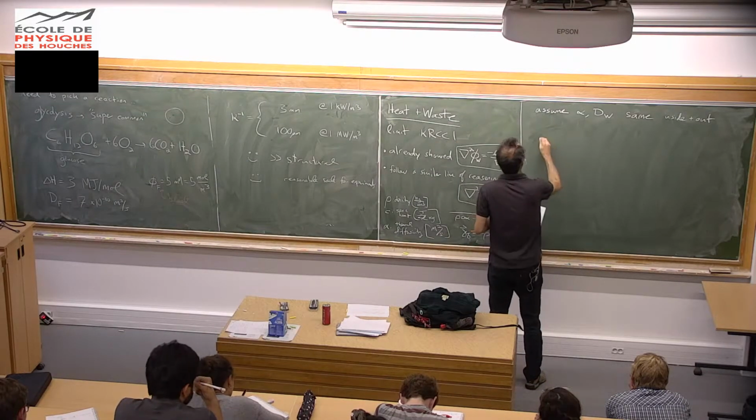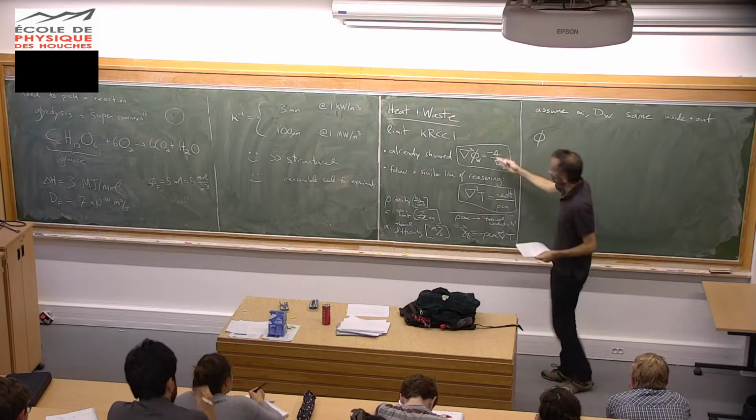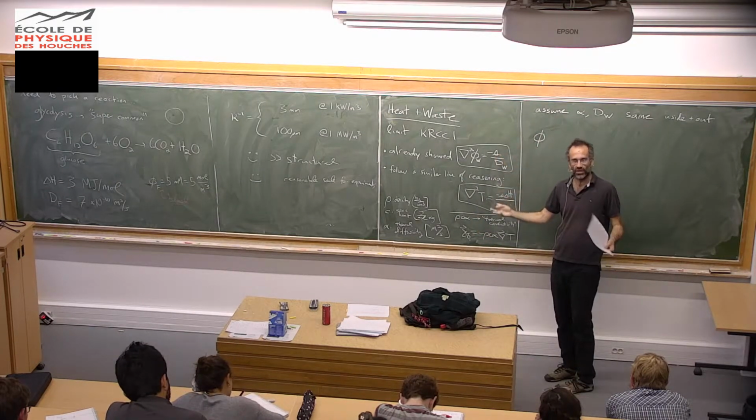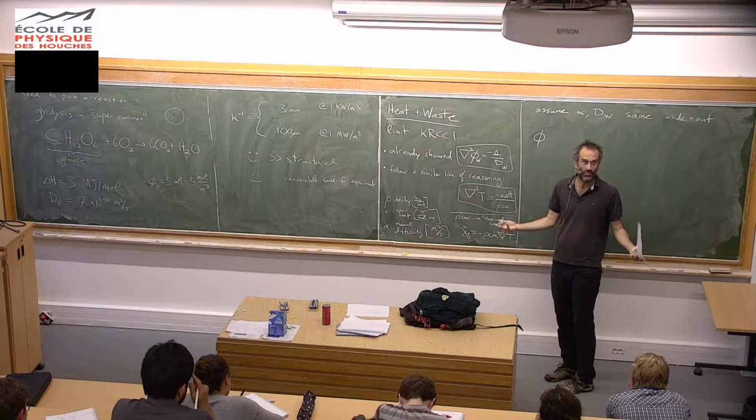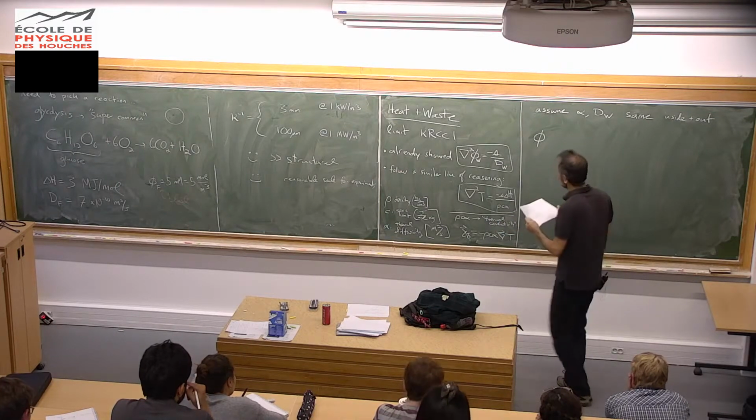So when you do that, you get a simple form, and because these two equations are the same equations with different variables, if you normalize things properly, they have the same functional form. Okay?